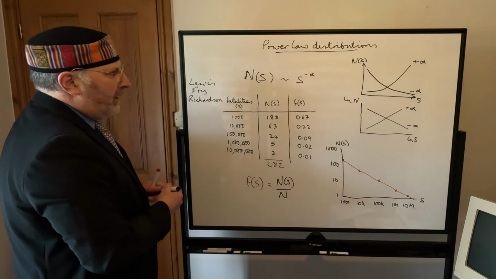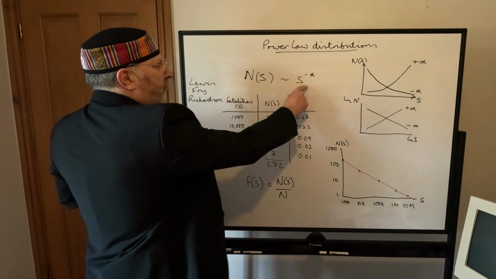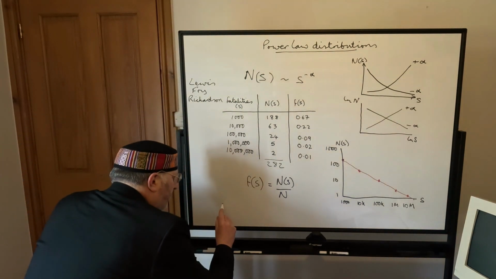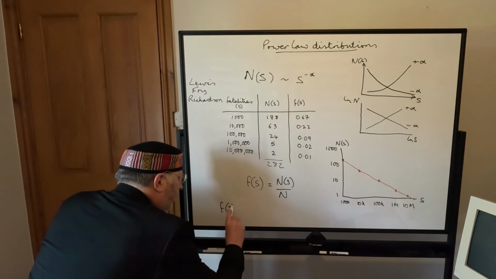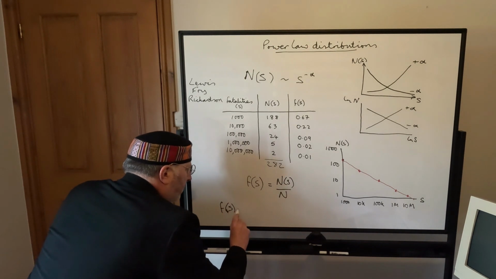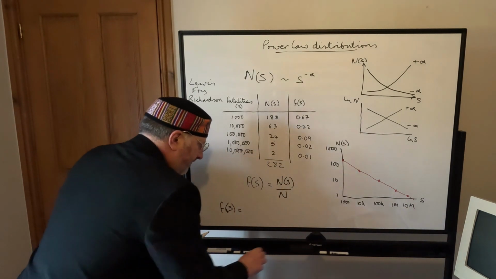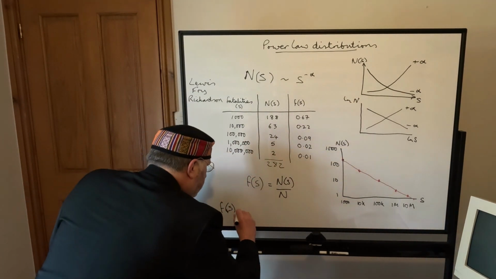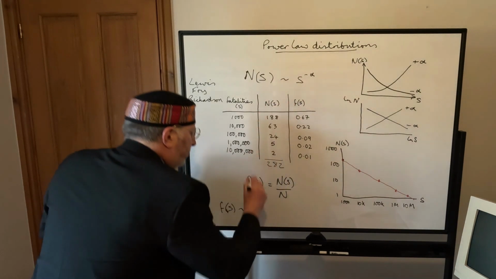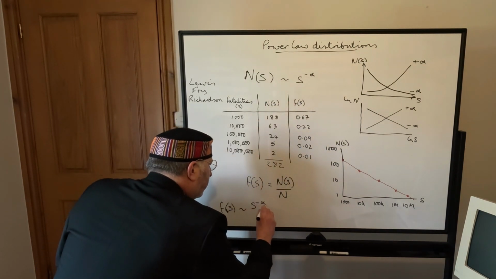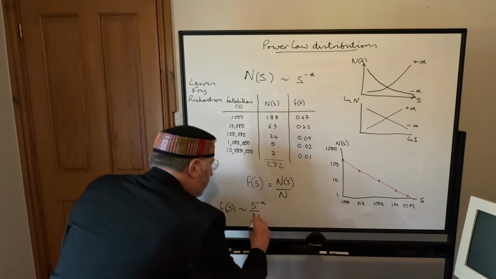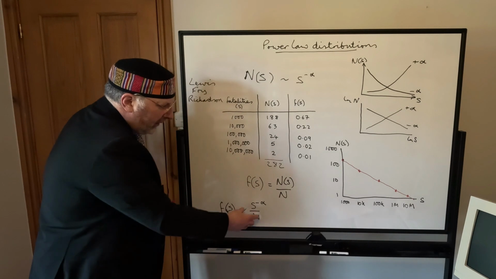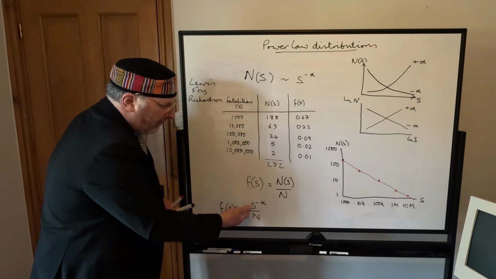And if the number is related to the size by a power law, then so is this frequency, which is going to be proportional to N of S, which is S to the minus alpha over N. Well, N is just a constant, so we can absorb that into the constant of proportionality.